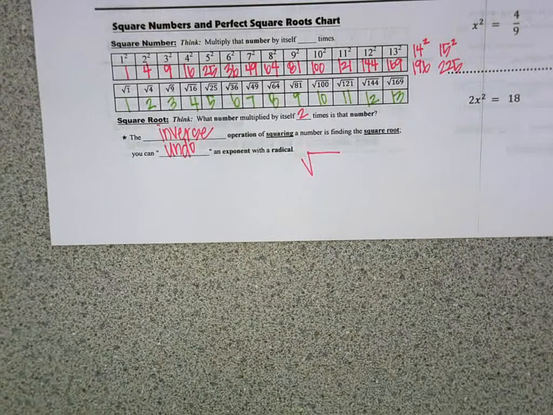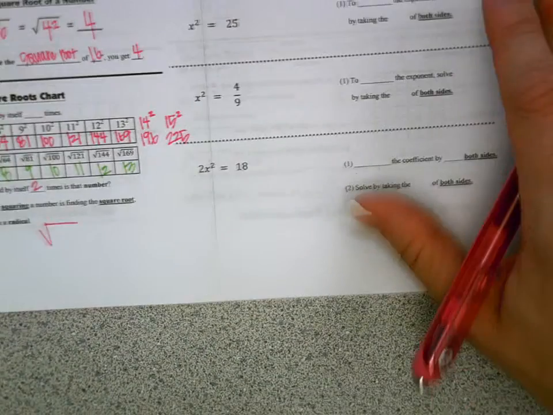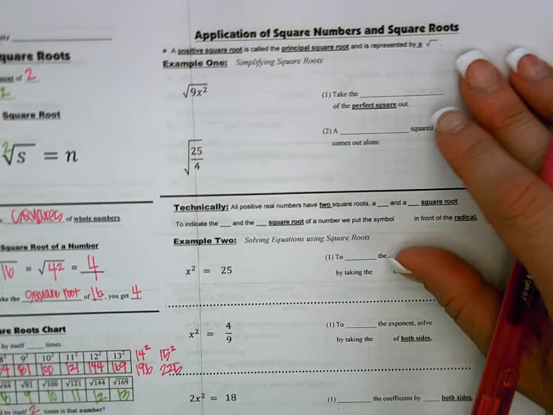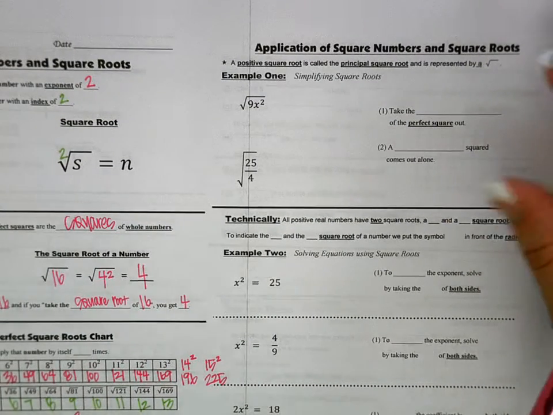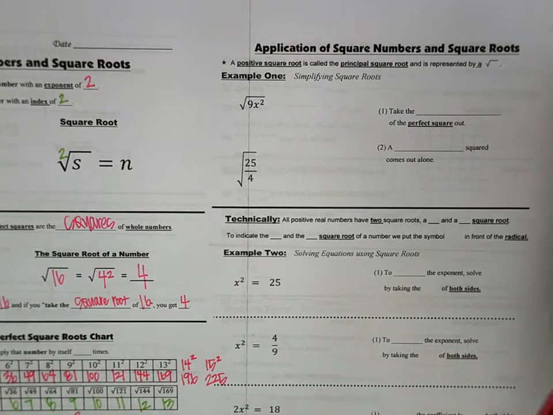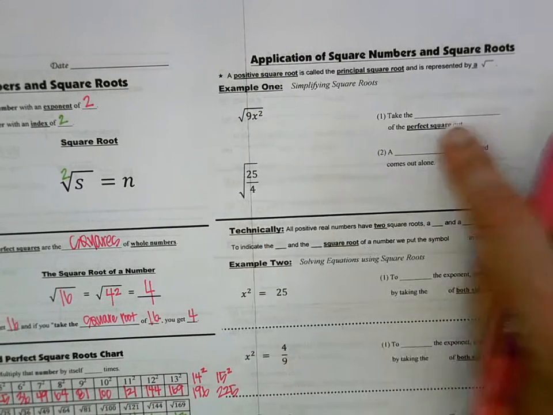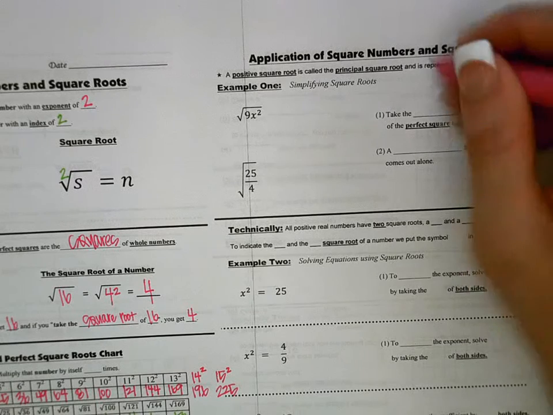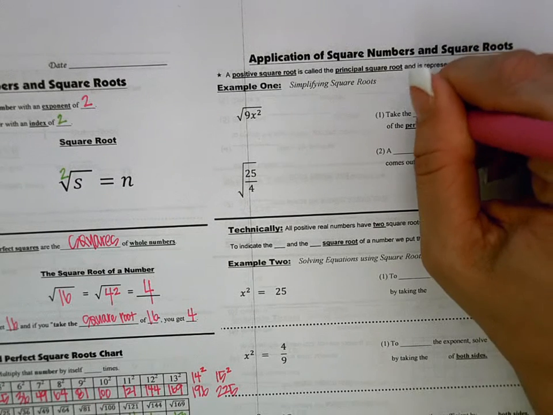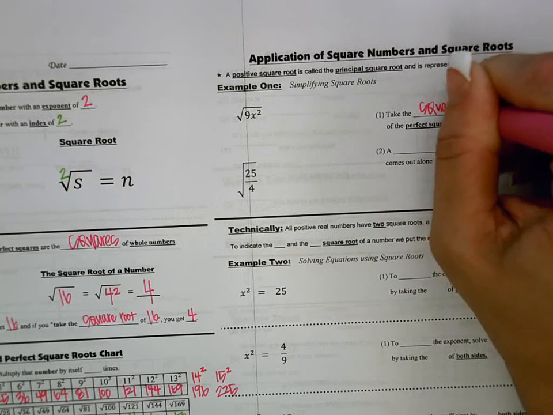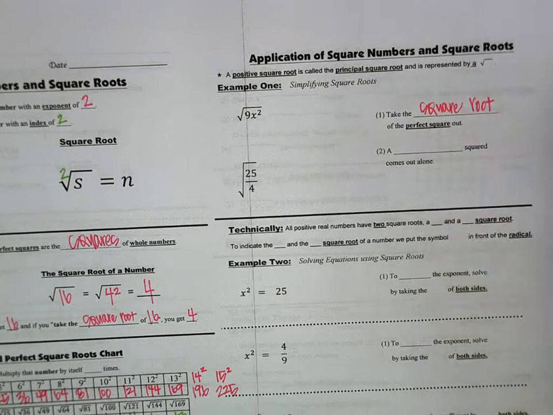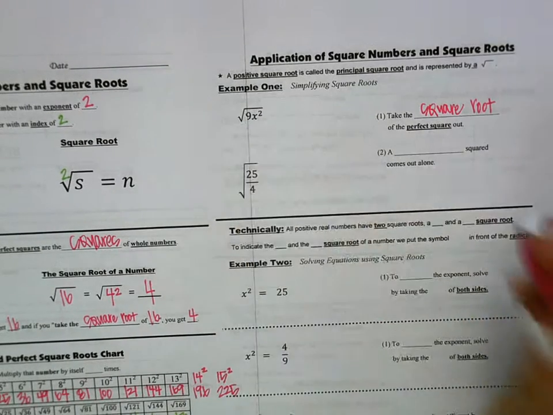Okay, so applications here. Applications mean how do we actually use this? You can take the square root of a number and you can take the square root of a variable. First thing you're going to do is take the square root of the perfect square out. So what is the square root of 9? 3.